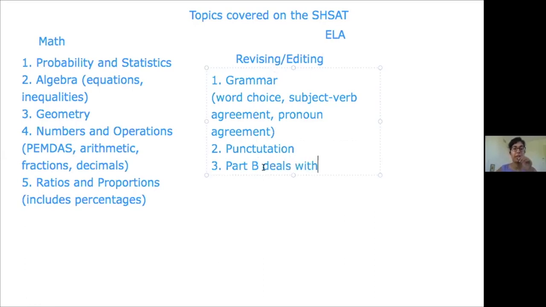In part B, as I mentioned, you're going to be looking at a passage and answering questions related to the flow of ideas in the passage. So the trick there is to be able to identify the main idea of paragraphs and the main idea of the passage as a whole. Any sentence that sticks out as you're reading, that doesn't belong where it is and isn't supporting the idea of the paragraph, you're going to get a question about deleting extraneous sentences, and you want to look out for those.